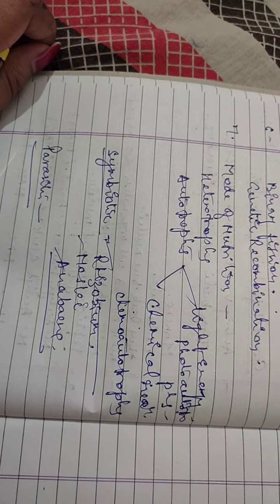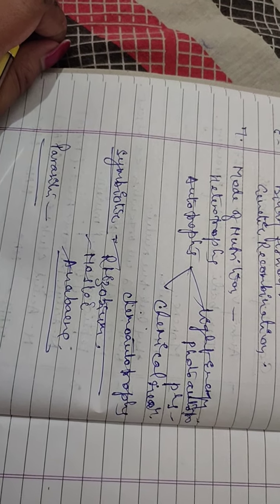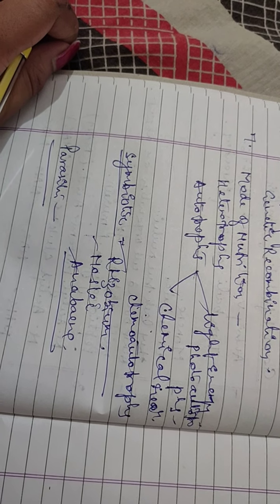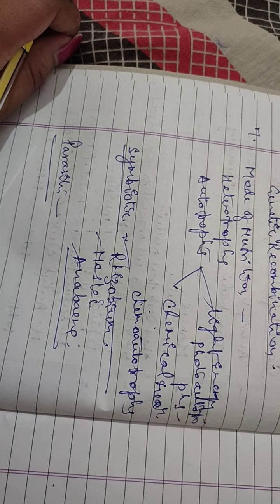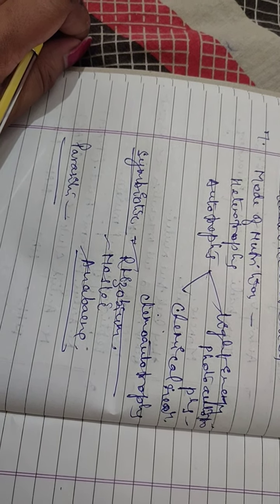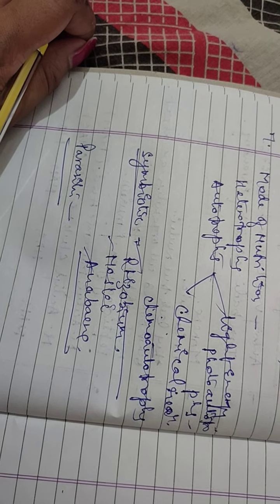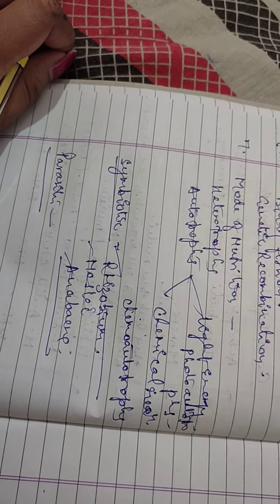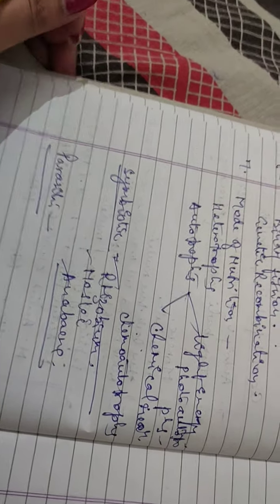So they show diversity in their mode of nutrition. Some are heterotrophs, they may be parasitic or saprophytic. Autotrophs may derive their energy from light or from chemical reaction, and they may show symbiotic relationship, and there are so many examples of bacteria and cyanobacteria which show the symbiotic relationship.